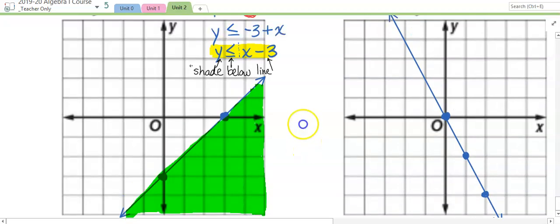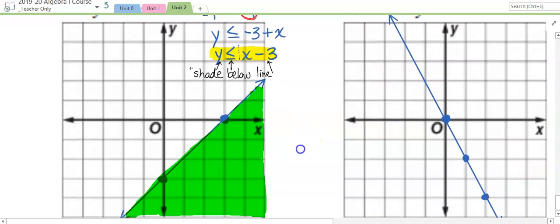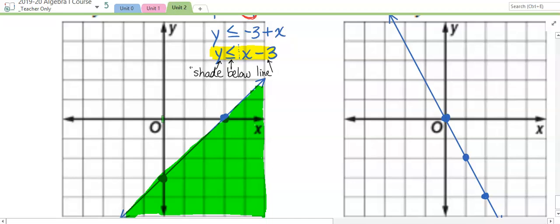Now, another method is to use a test point. And as long as your line does not go through the origin, 0, 0 is a good test point to use. Let me show you how a test point would work. I'm going to use the point 0, 0, which means x is 0, y is 0. And I'm going to put them into my inequality. Is this true?